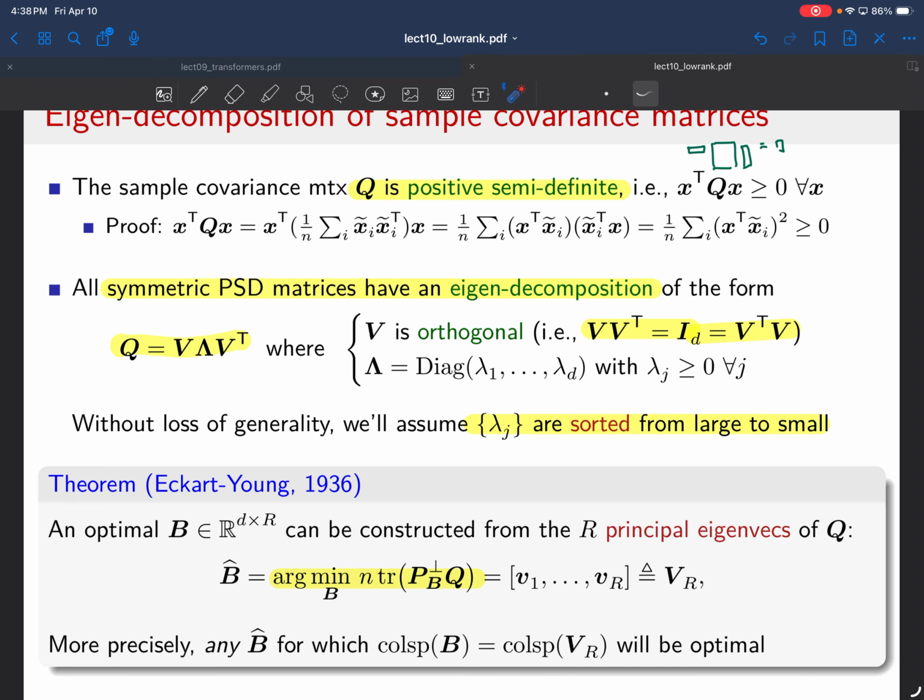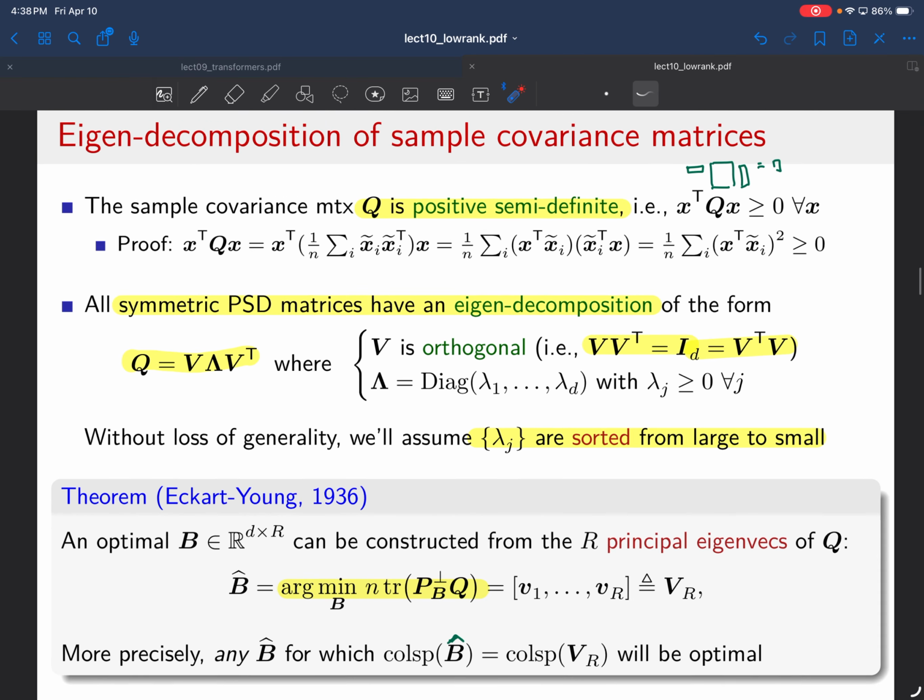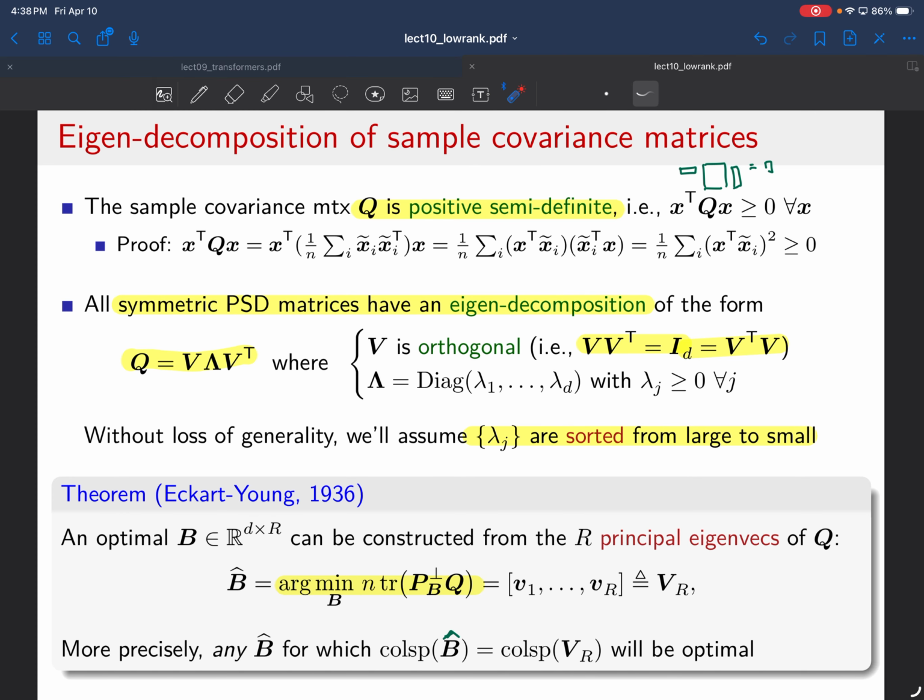As long as whatever B you choose, we'll call this B hat, has the same column space as this. So any B hat will work that has the column space of this. But most people just choose it as those principal eigenvectors themselves. They're unit norm, they're mutually orthogonal, so they're pretty convenient. Okay, so our next step will be to prove this result.